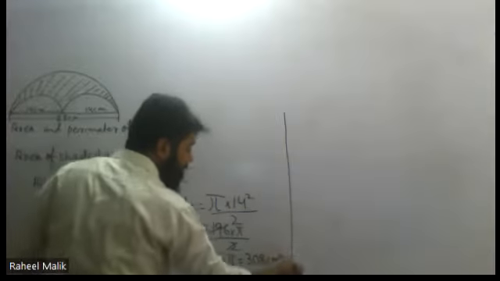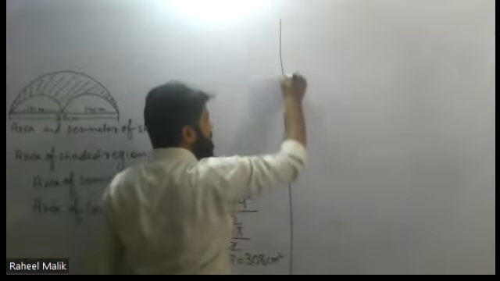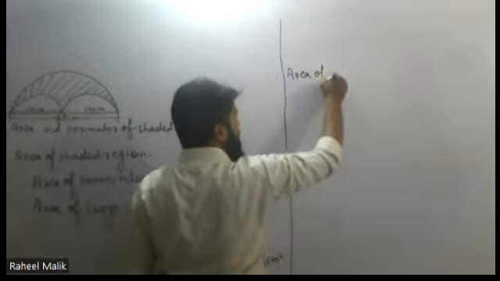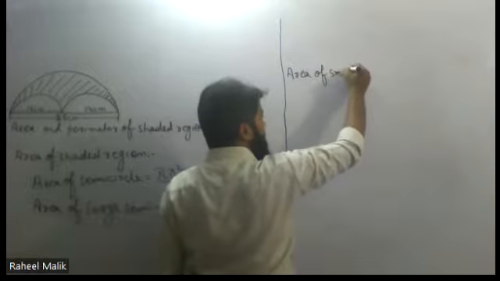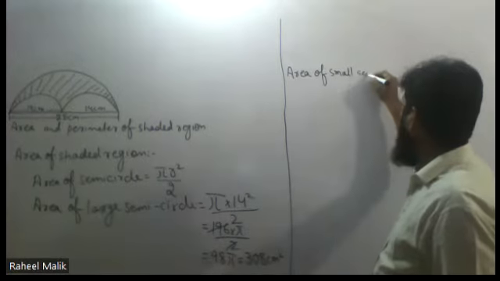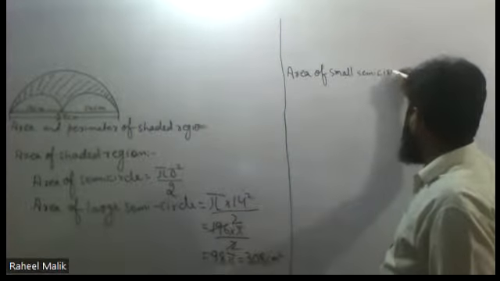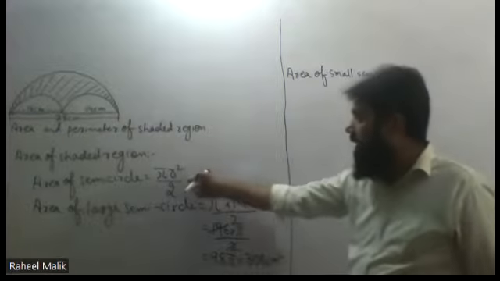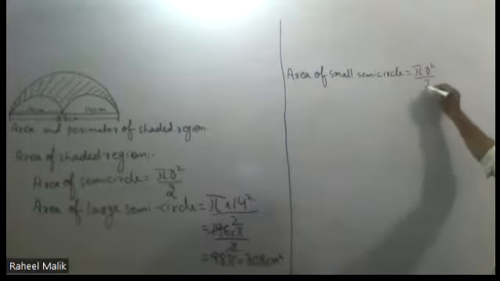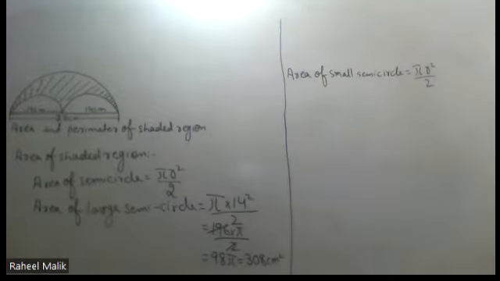Now, area of small semicircle. Now I am going to find out the area of a small semicircle. Again, the formula will remain the same: pi r square over 2.